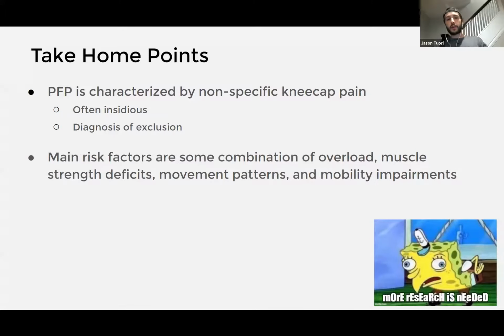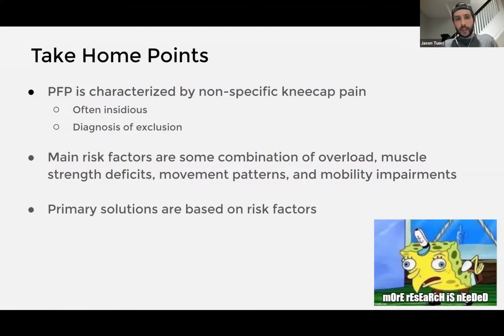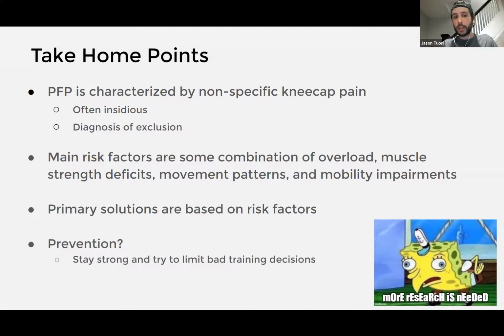Our main risk factors are some combination of doing too much too soon, muscle strength deficits, movement patterns maybe, and maybe some weird foot stuff. Primary solutions are based on our risk factors, so we treat what we find, and the prevention strategy is basically going to be stay strong and try to limit bad training decisions. That's the goal for everything, isn't it?